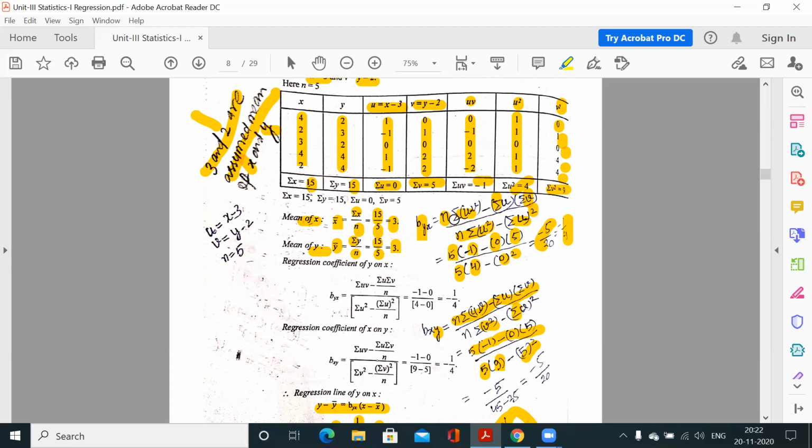What they have done is keep n outside of these terms. If you take n outside, this would be summation uv minus summation u summation v divided by n. And in the denominator also, taking n out, what is left is summation u square minus summation u whole square divided by n, and this n would be cancelled by the other n.